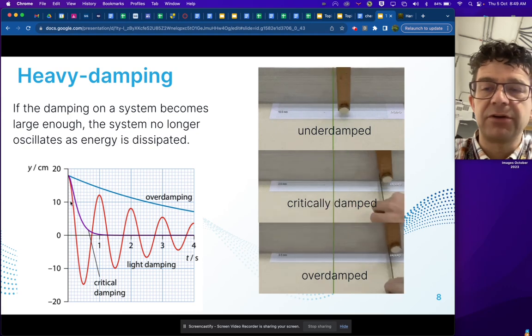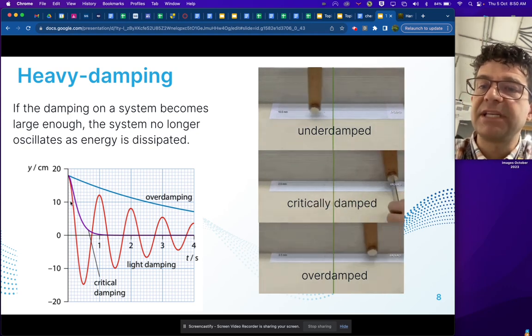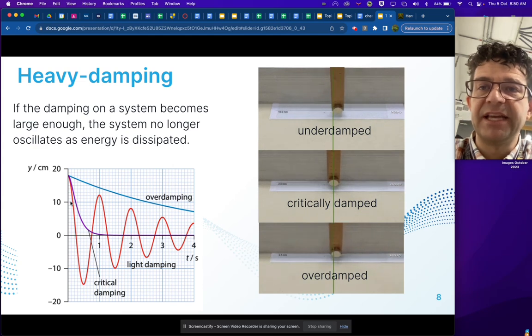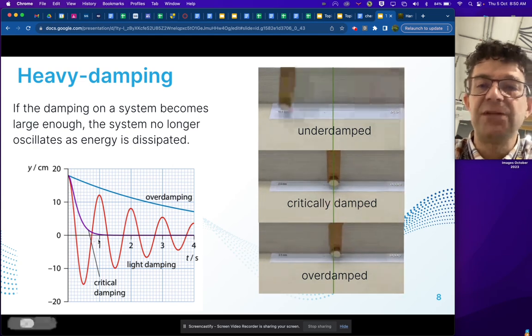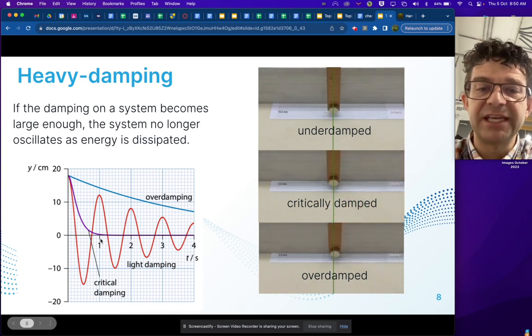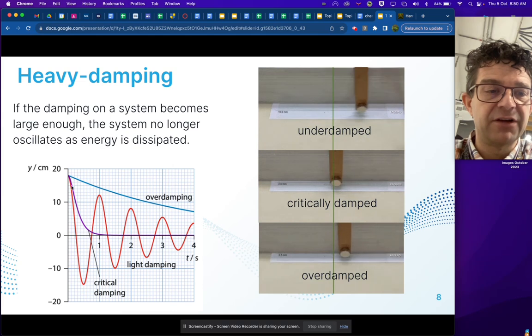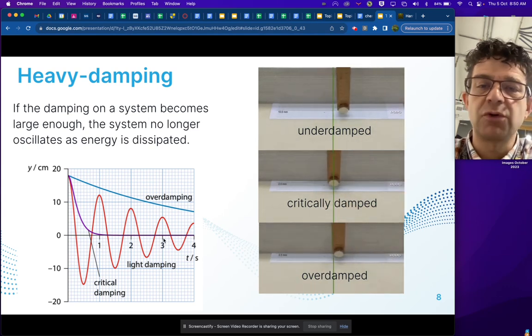This is known as critical damping, and for engineers, it can be very important because if you want to keep a system from oscillating and have it return to where it belongs, this is the most efficient way to do that, is to set it up so that it is critically damped. So the graph here in purple shows that we never get an oscillation, but we return to zero displacement as quickly as possible.